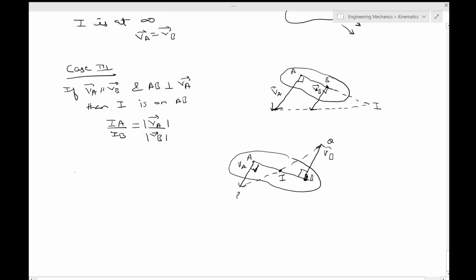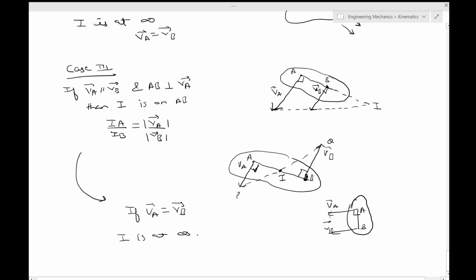If this is a special case of this, if VA is the same as VB, then I is at infinity again.